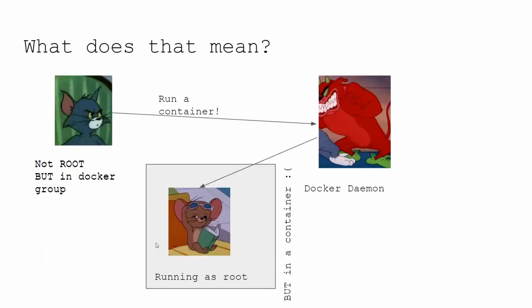You run a container, the container runs a daemon, that daemon has elevated privileges, can actually be root, and it runs whatever you want as root, but it runs it in a container. So you're like, oh man, I got root, but I got root in a container. How can I leverage this to my advantage?